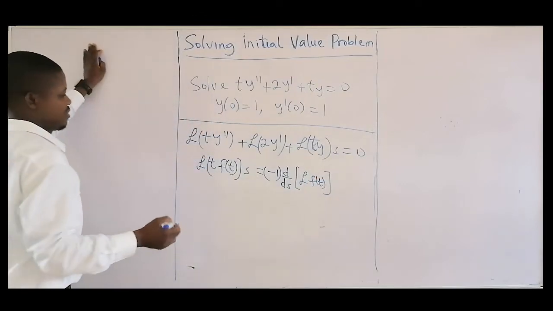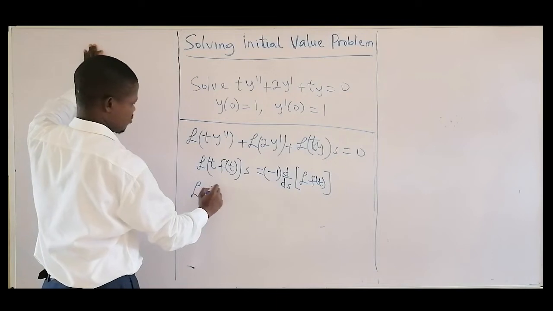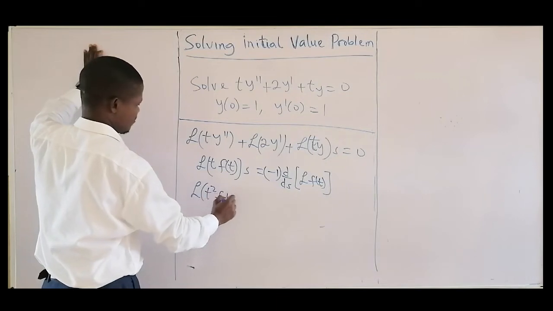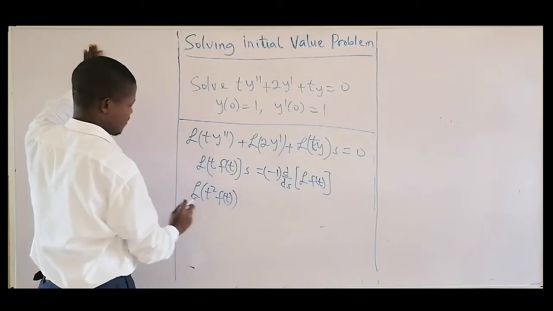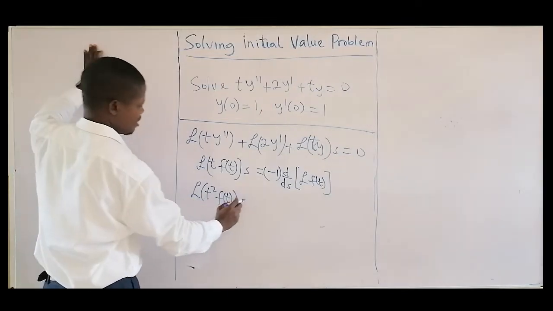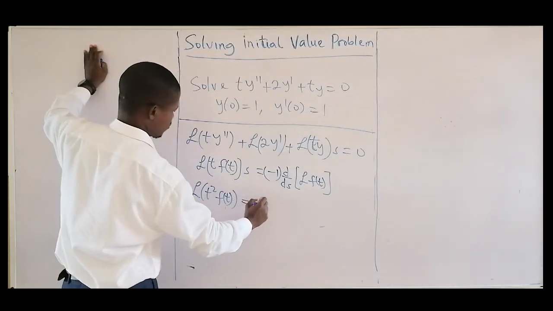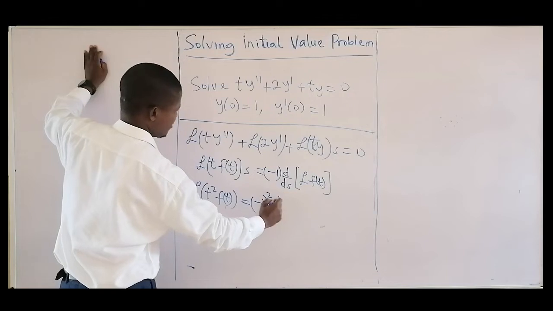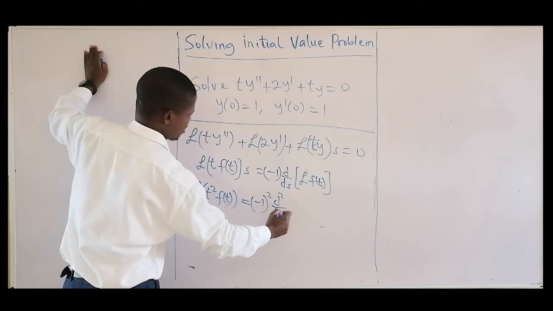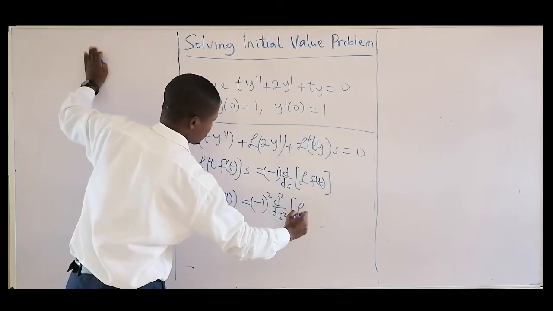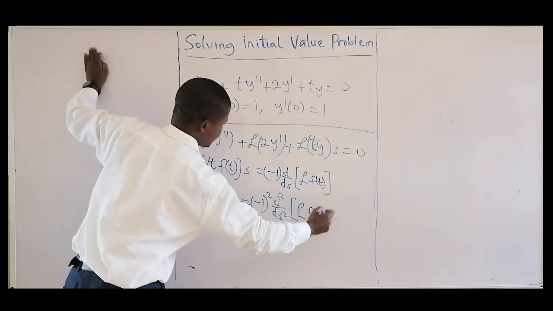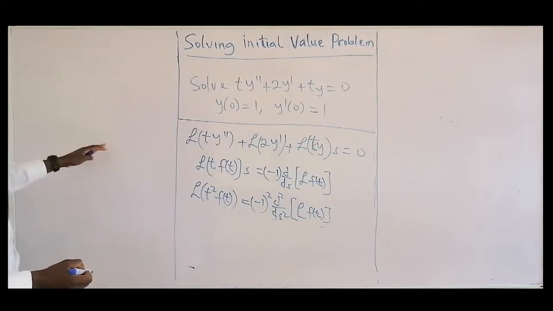And if you have the Laplace of t squared times f of t, that will now become minus 1 squared, then the second differential of the Laplace of f of t. So we have to note those two equations.